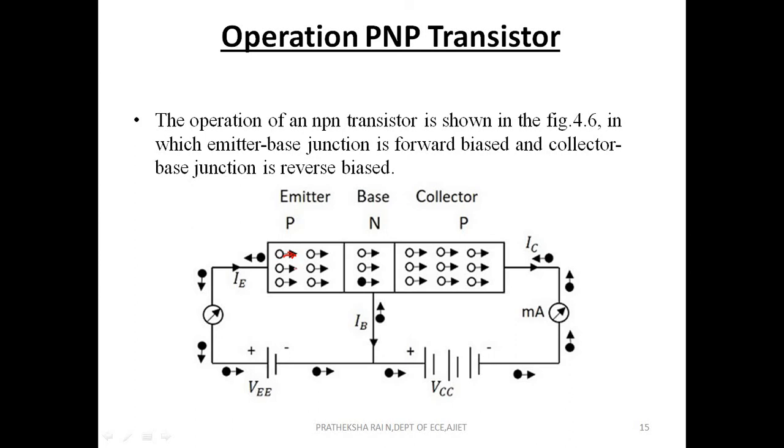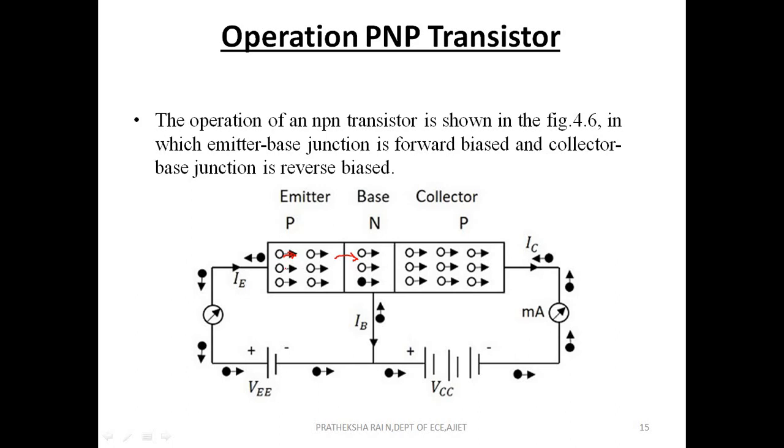So the emitter will emit holes, and a few of the holes will combine with the electrons present in the n-type base region. Few of them will be attracted by the negative side, so they will travel towards the negative side. The rest of the holes will move towards the collector, which will collect all the holes.